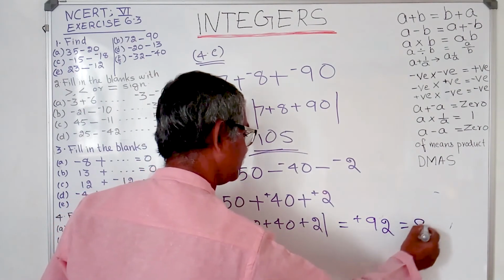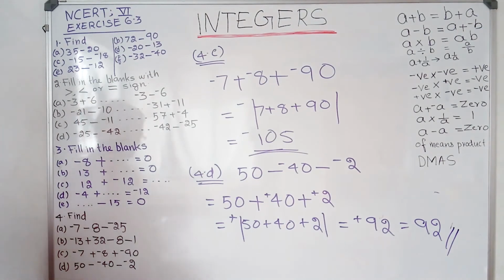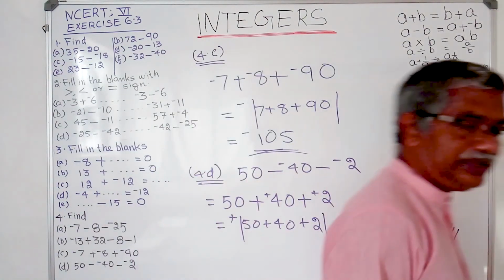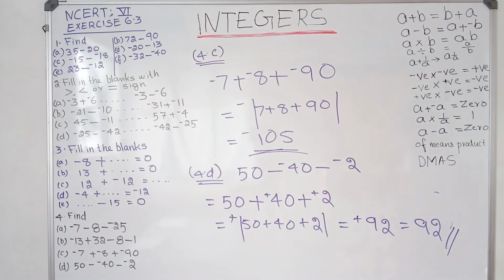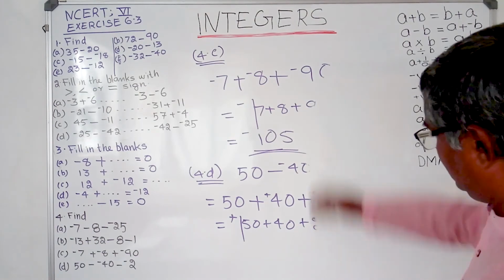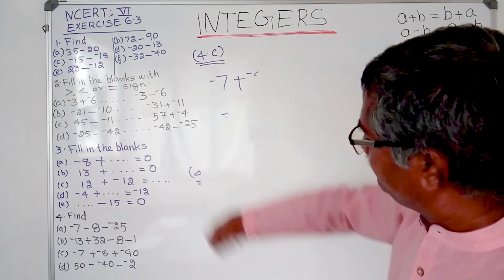92, or simply 92. So, considering the integers of class 6 level NCERT textbook pattern, we have finished with the 2 classes. I hope this is very easy to follow, but you have to understand some ideas. What are they? Additive inverse. Then, in order to subtract, the additive inverse is added.